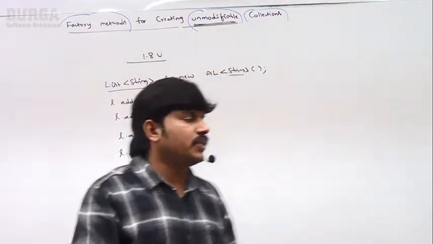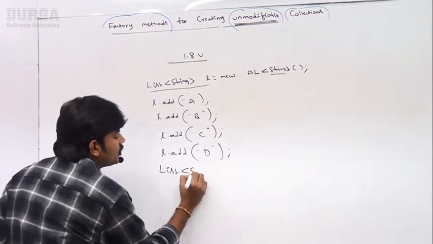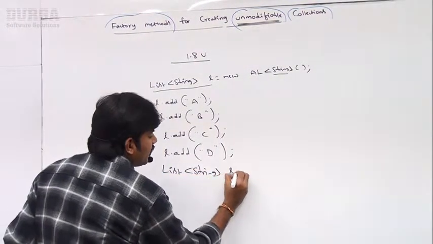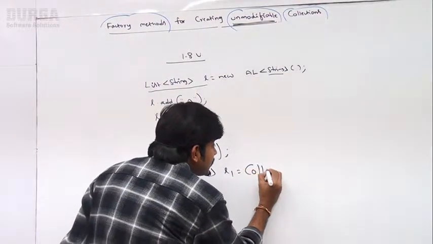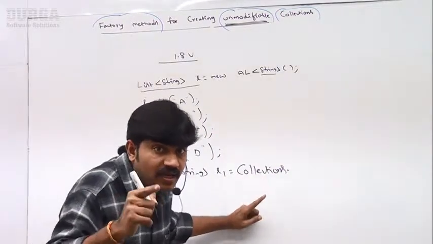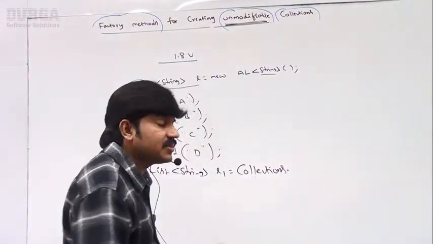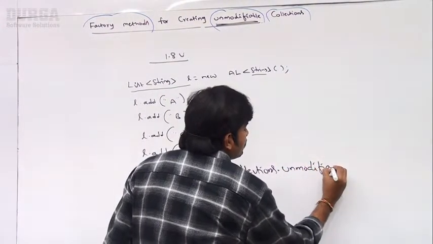How can you do that? Very simple, sir. Here, list of string L1 is equal to Collections dot unmodifiableList of L. Have you observed? Collections is a class present inside java.util.